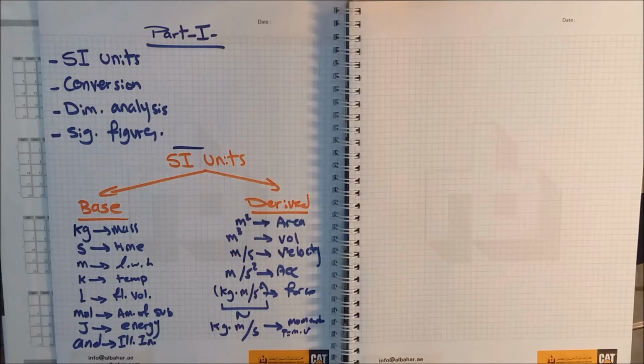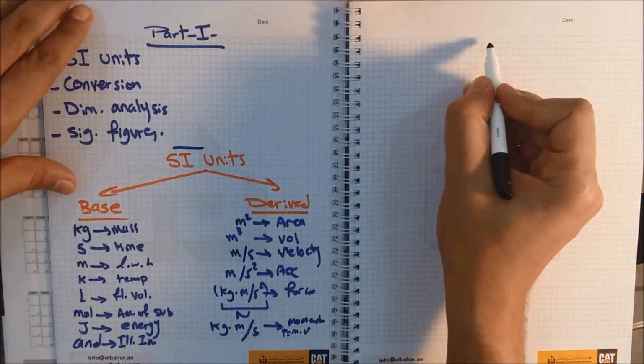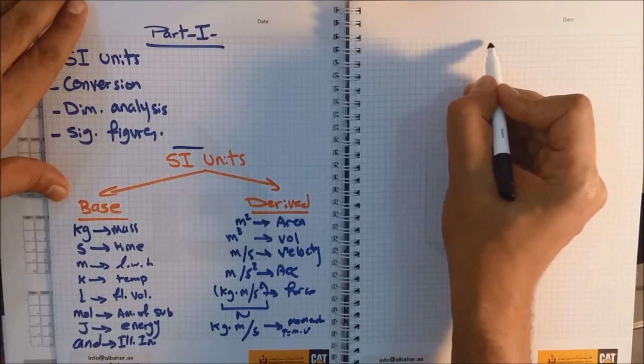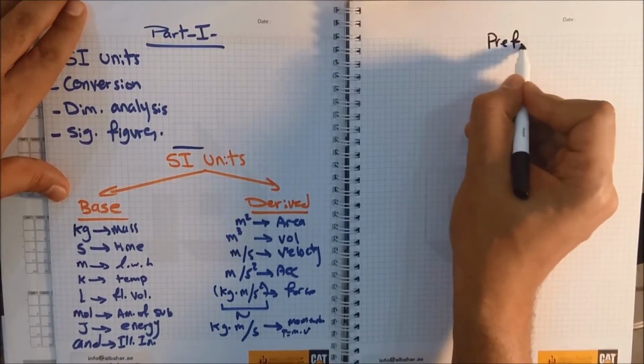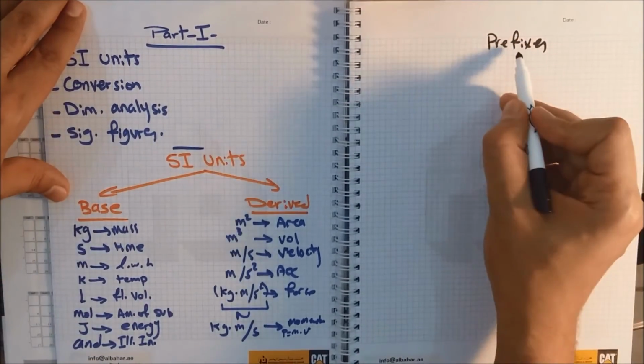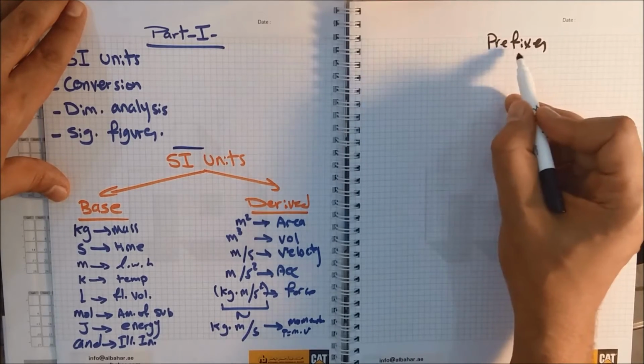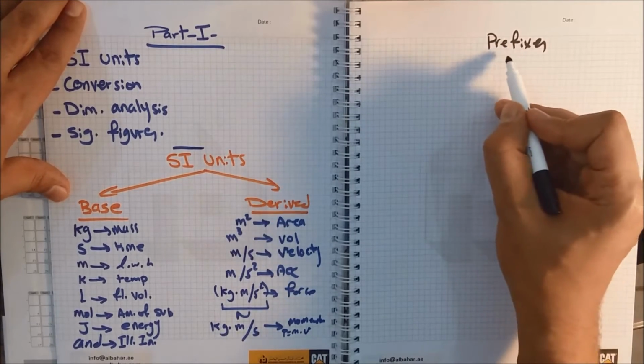Let's move on and discuss the conversion. Before we discuss the conversion, you need to know that in conversion you have prefixes, and those prefixes are summarizing the very big and very small values as powers of 10.